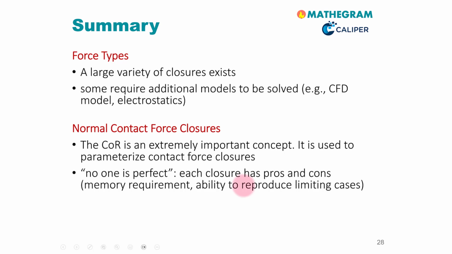Some closures cannot produce some limiting cases. Here we also have to take this into account if we select a normal force closure model. For example, if we apply a Hertz normal force closure, it might be the case that it's not possible to model a constant coefficient of restitution.